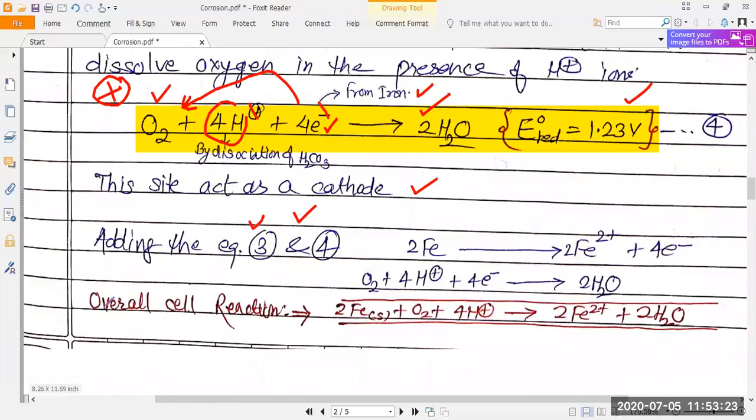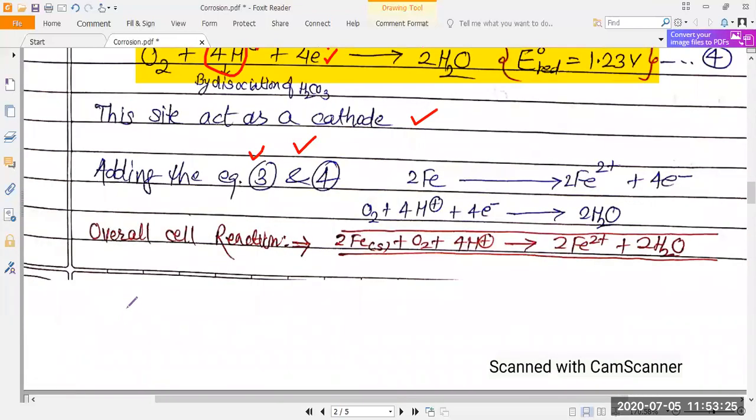So when we add both the reactions, I'm writing again: Fe donates 2 electrons and converts into Fe 2 plus, and 4 electrons are released in this reaction. It is the anodic portion.